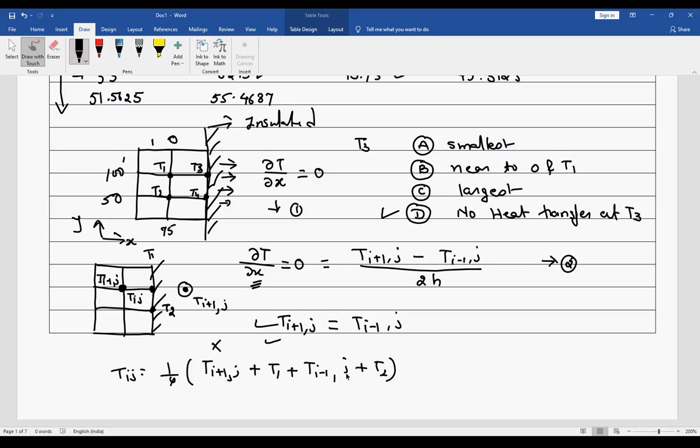Ti plus 1j does not exist, but we know this value is equal to this one. So I could replace it: 1 by 4 of Ti minus 1j plus T1 plus Ti minus 1j plus T2. So this is my Tij. This virtual value is nothing but equal to this value. This is the meaning of delta T by delta x equal to 0. If you understood this concept, you can type U.